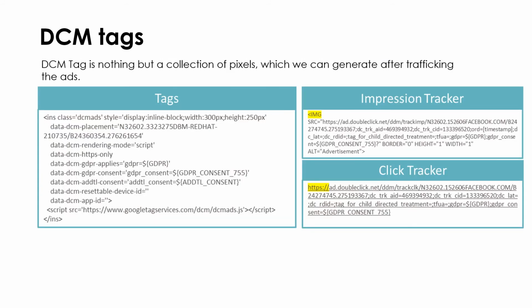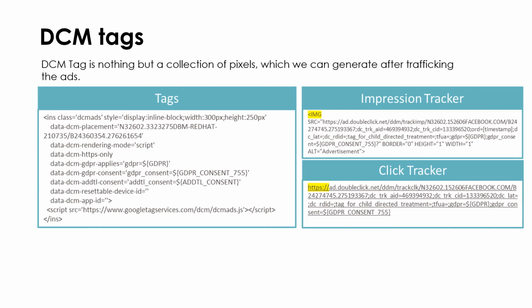Now I'll talk about the DCM tags. DCM tags are nothing but a collection of pixels which we can generate after trafficking the ads. And I'll explain what is the difference between tags and tracker. If you want to display any ads and you have set up the campaign in DCM, uploaded the creatives, given the URL, everything, and you have generated tags, then you send these tags to the publishers and they implement the tags on their end.